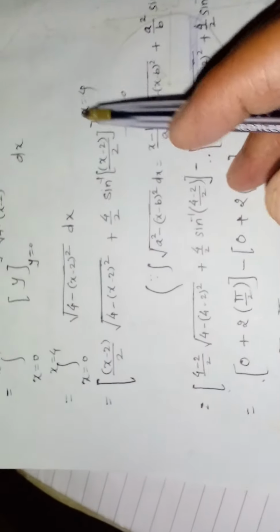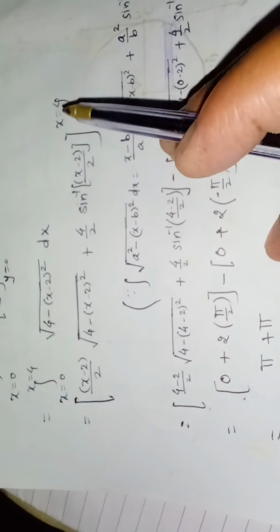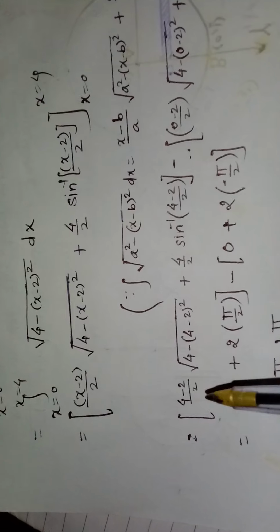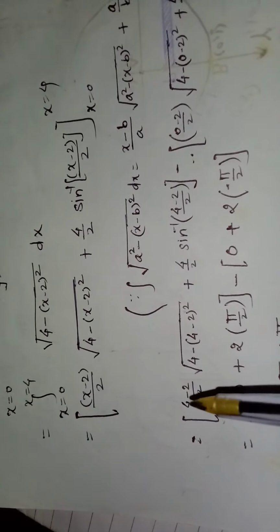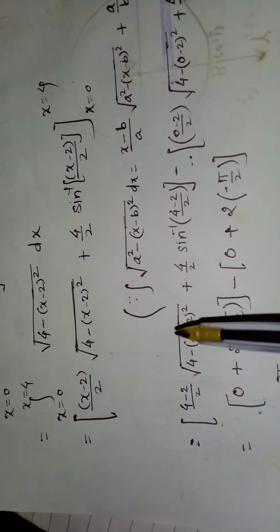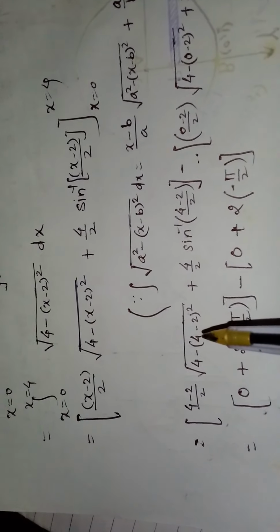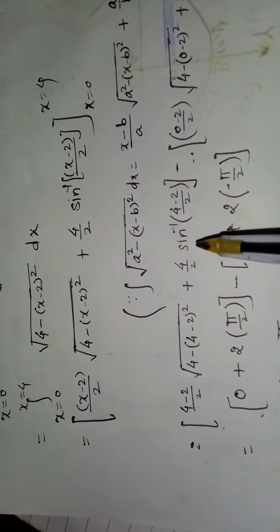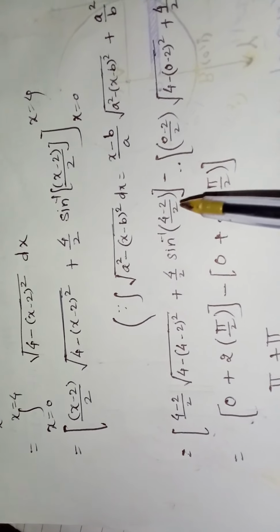So in the next step, now we are putting the upper limit and lower limit. If I put the upper limit, that is x equals 4, then I will get (4 minus 2) upon 2, square root of 4 minus (4 minus 2) whole squared, plus 4 upon 2 as it is, sine inverse of (4 minus 2) upon 2.